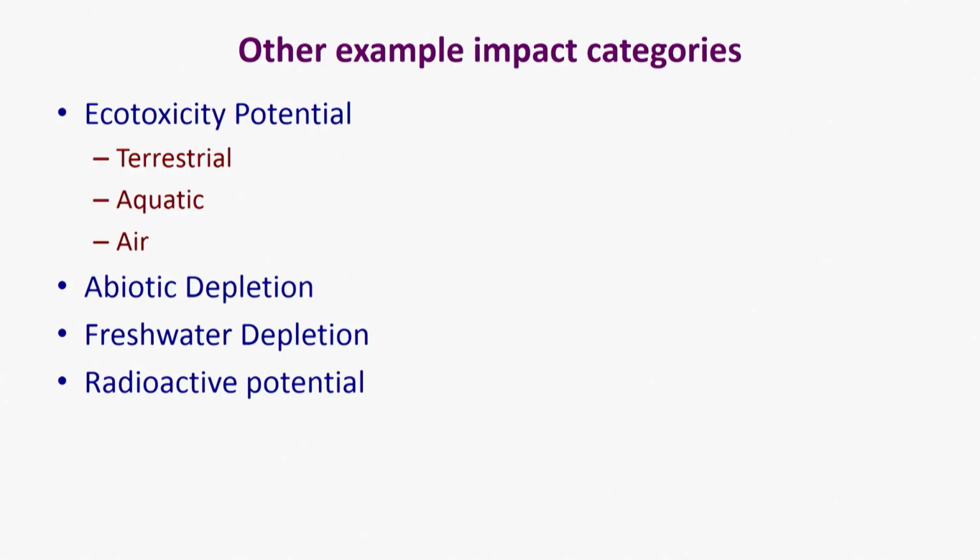Other examples of impact categories are ecotoxicity potential: terrestrial, aquatic and air. Terrestrial refers to land, soil, forests and anything that is there on land. Aquatic is water, and then air. Ecotoxicity is again degradation of the environmental quality of these phases. Then abiotic depletion, and freshwater depletion.